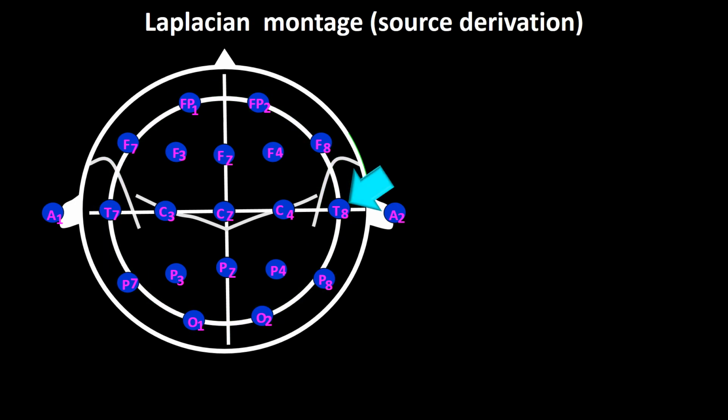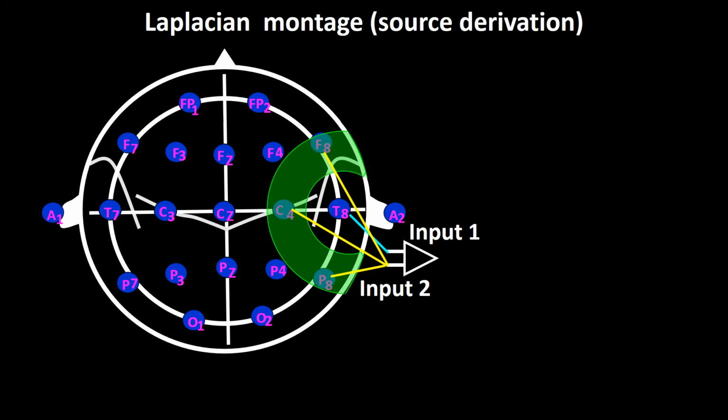In order to explain the edge phenomenon in Laplacian montage, let's look at T8. In this case, there are only 3 cerebral electrodes surrounding T8. So, only the potentials from those 3 electrodes will be going into input 2 of the differential amplifier, to be later processed by the Laplacian method, which is a mathematical process.